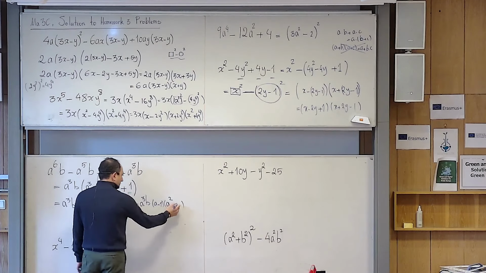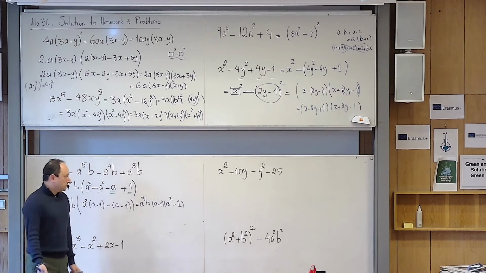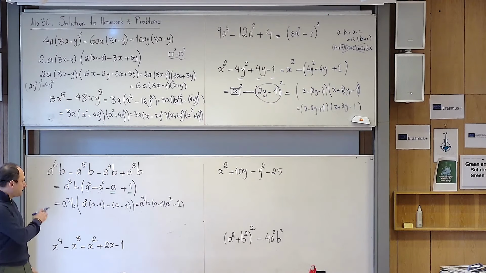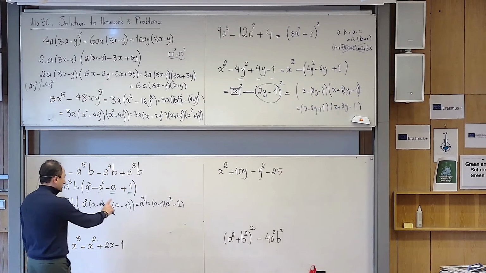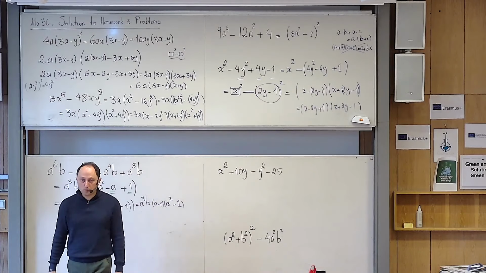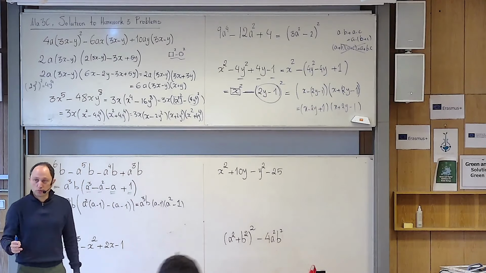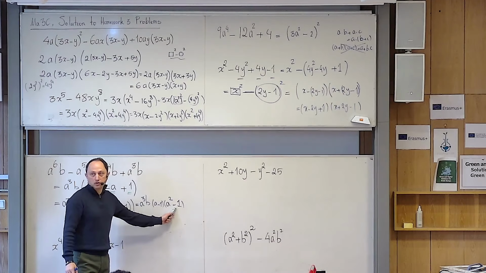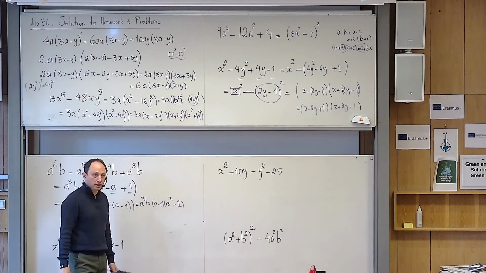Minus 1, yes, thank you. Okay, is that enough or not? I want you to see it's a product of 4 terms, a cubed, b, a minus 1, a squared minus 1. But is it complete or not? No, because what? The last one is which pattern? Conjugate. So you have to continue again.